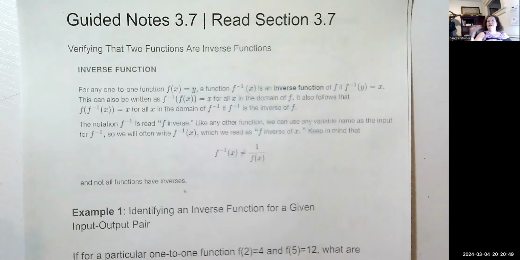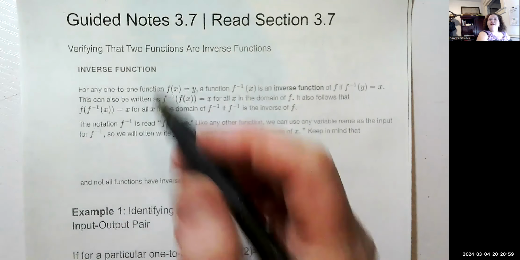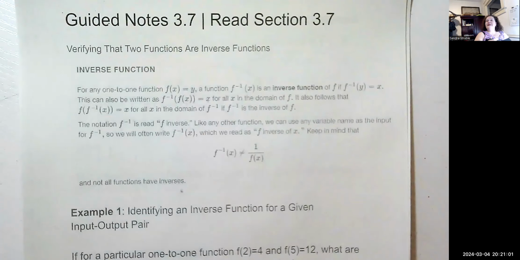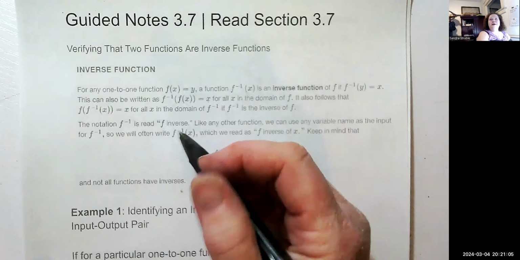It also follows that if you go the other direction, if we take the inverse of x, the inverse of f, and take the function of that, then we would get x. That would just let us know that f inverse is also the inverse of f, okay?